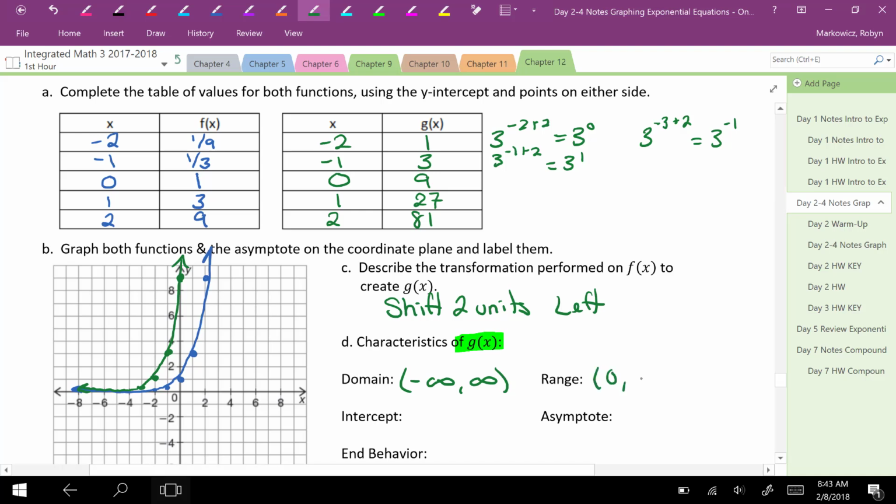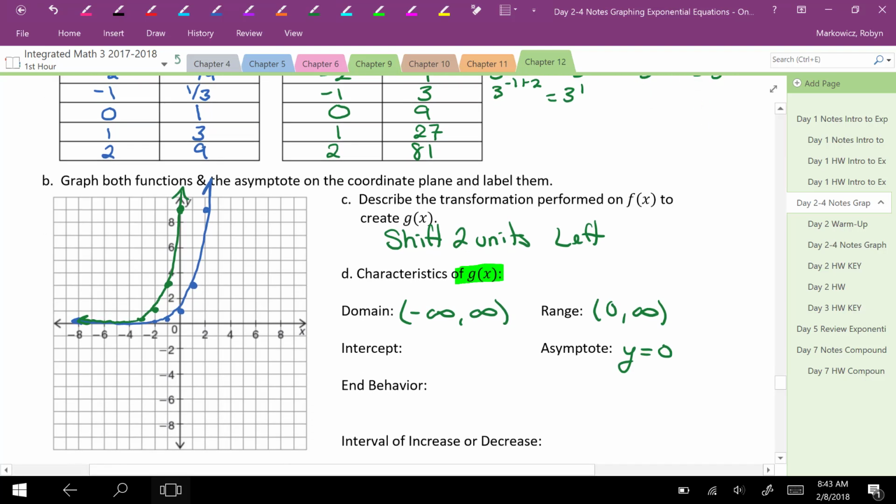Good, 0 to infinity. We're not crossing that x-axis here. We didn't move it up or down, we only moved left or right, so that did not affect my asymptote. Where's my asymptote? y equals 0. What is my y-intercept? 0, 9.